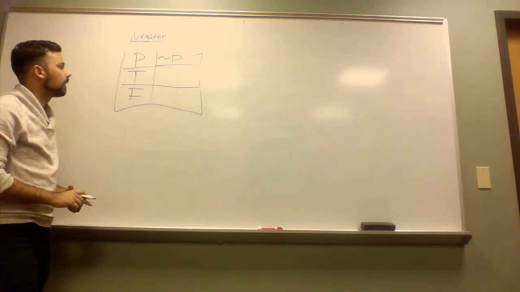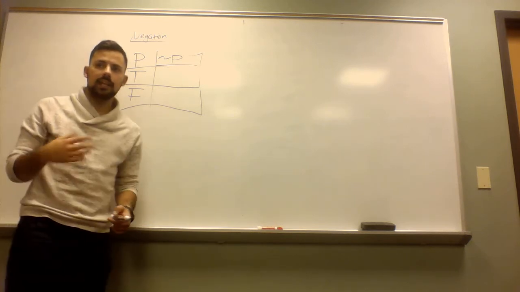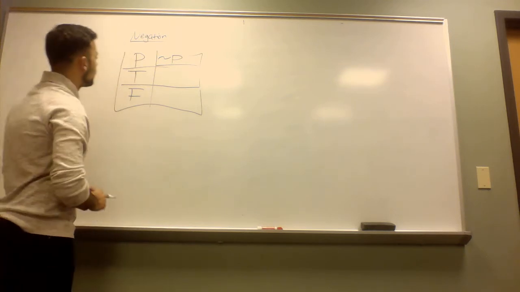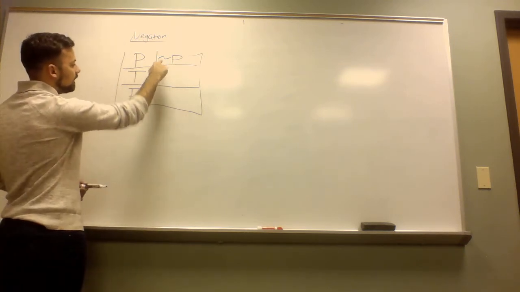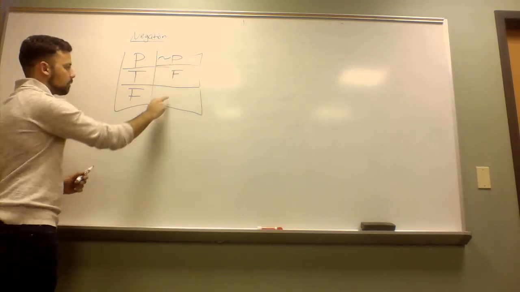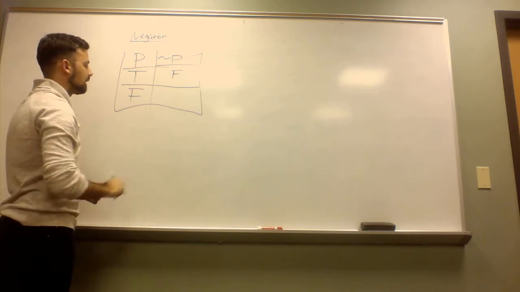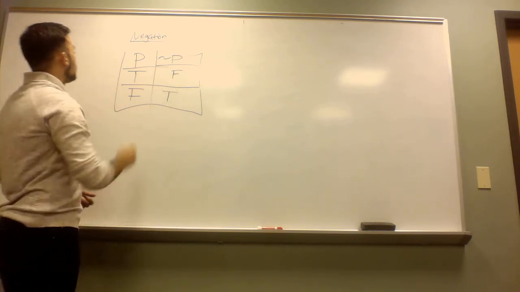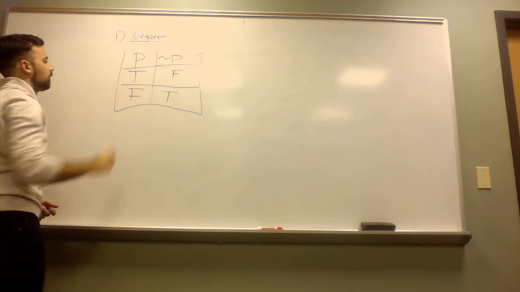Now remember, I said negation works in such a way that it reverses the truth value. So in this case, if P is true, negating it would make it false. And likewise, if P is false, then negating it would make it true. So that's what the truth table for negation looks like, right?